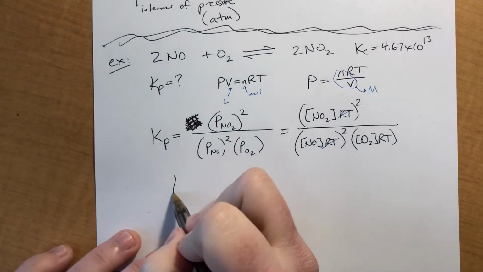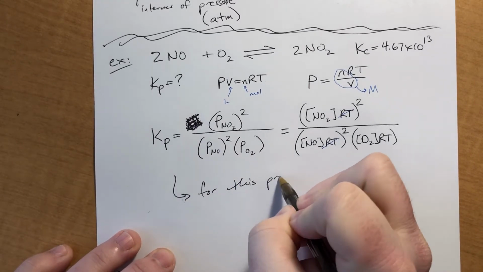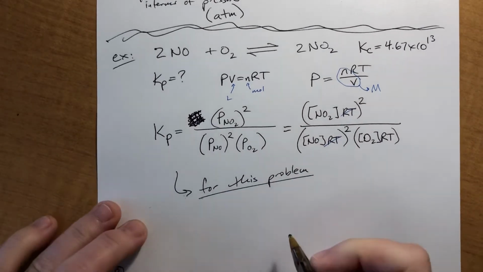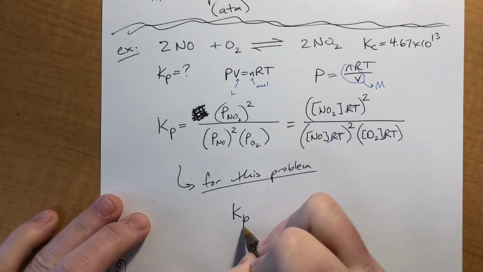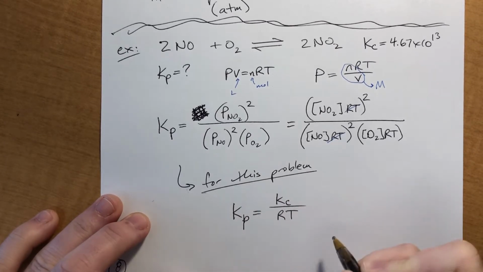For this particular example, and I will point this out because this is not always going to be the case, Kp happens to be equal to Kc divided by RT.